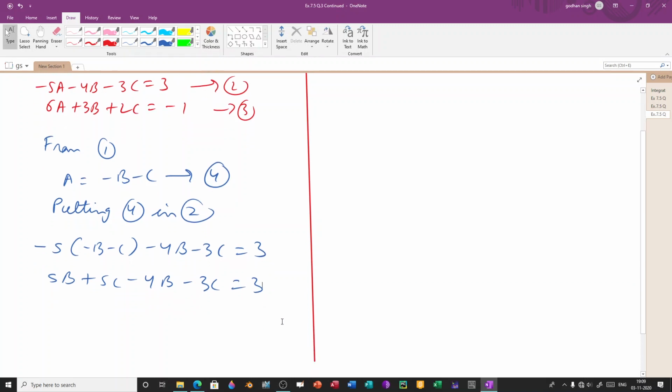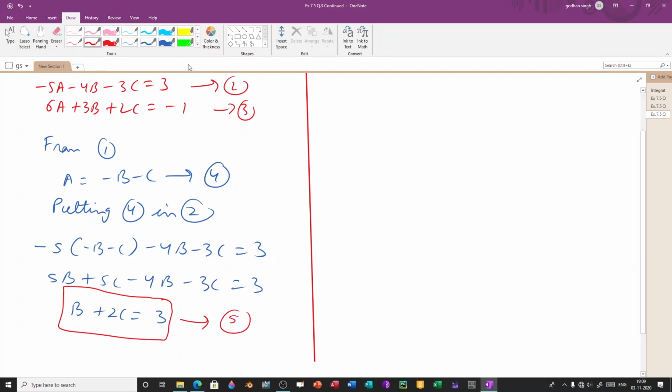And this will become 5b minus 4b, that is b, 5c minus 3c, that is plus 2c equal to 3, and this will be our equation number 5.